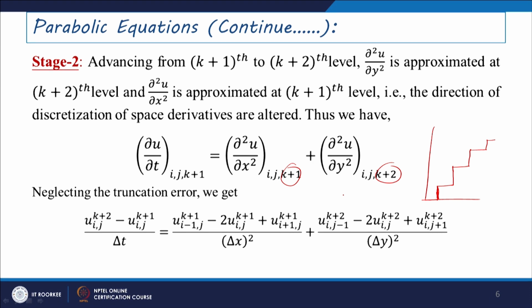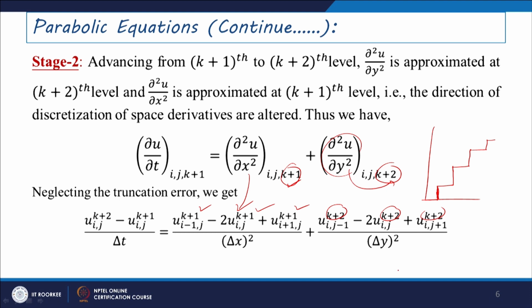So, that is why it is written as u_ij^(k+2) minus u_ij^(k+1) by del t, and the space derivative in the x direction, this is discretized at ij k plus 1th level. So, all are k plus 1th level we are writing, and the space coordinate in the y direction, it is discretized at k plus 2th level. So, that is why all terms are associated with k plus 2th level here.